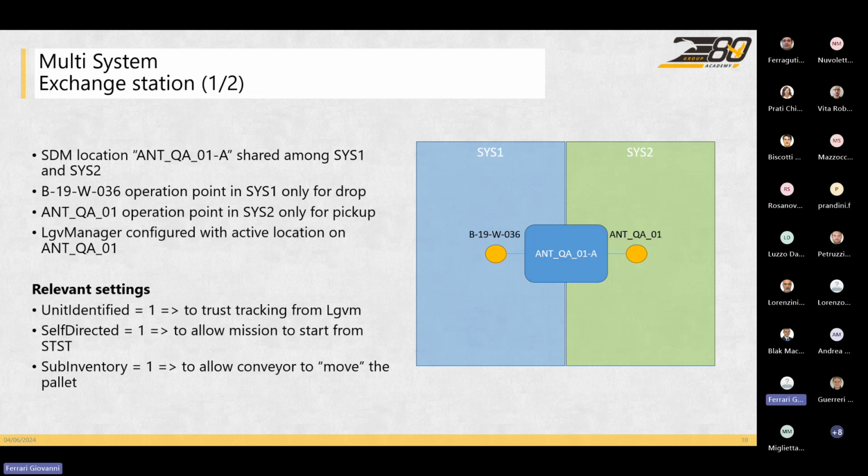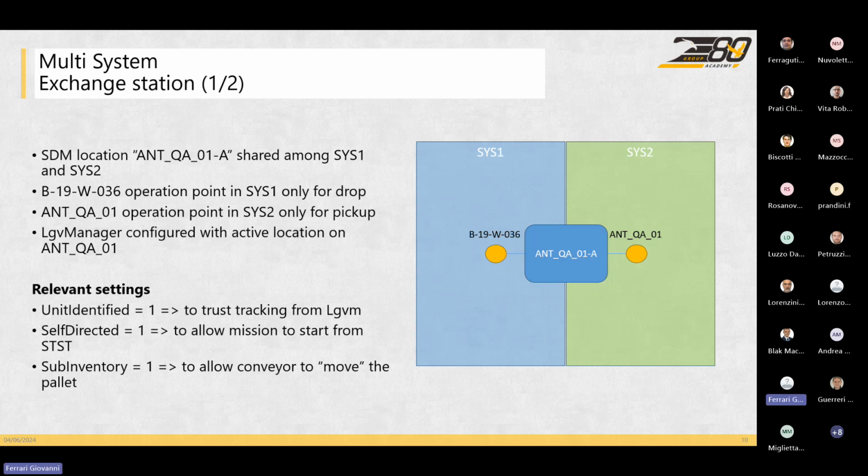In this case, to configure an exchange station, what we did was to take a container in SDM, so a station. It's called QA01-A. I simply took one that was already existing without defining a new station or changing the layout, just to show you how to configure a station that is an exchange station.